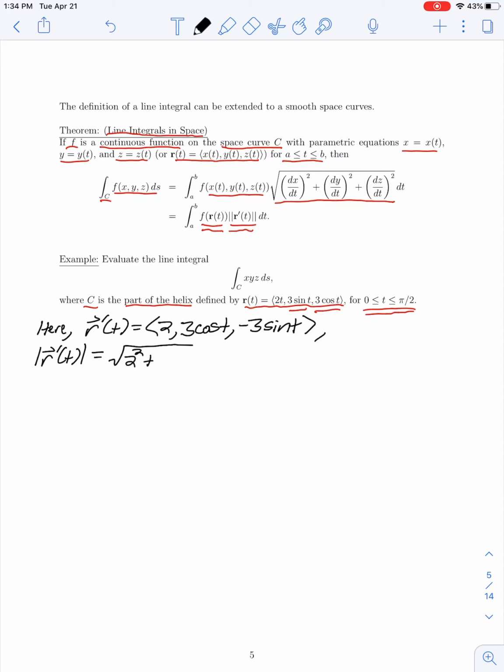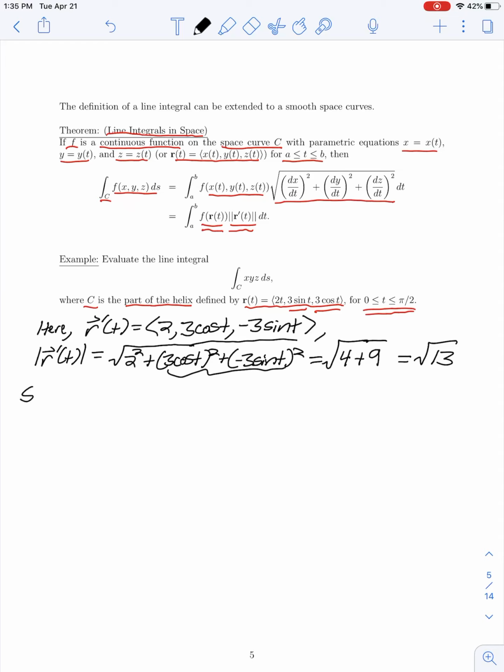So we have the square root of 2 squared plus 3 cosine t squared plus negative 3 sine t squared. So we are left with the square root of 4 plus, for the second two terms, 3 squared cosine squared t plus 3 squared sine squared t. That leaves us with just 3 squared, or 9. So we have the root of 13 for the magnitude of r prime here.